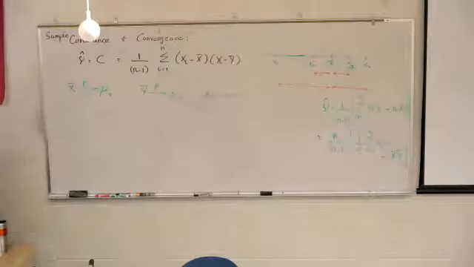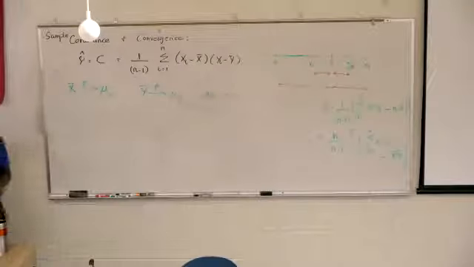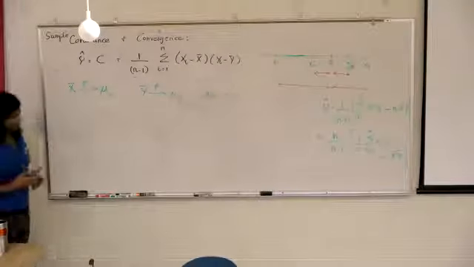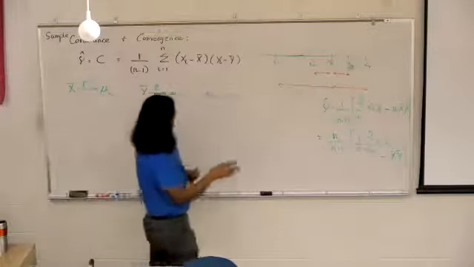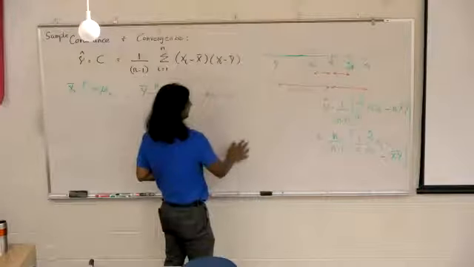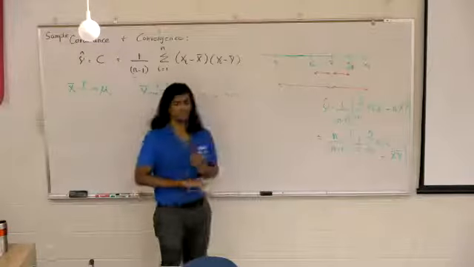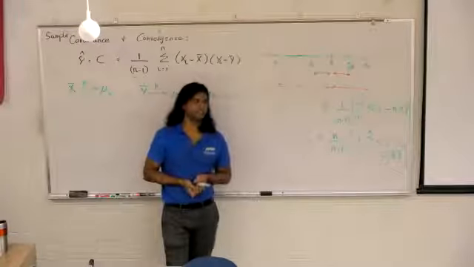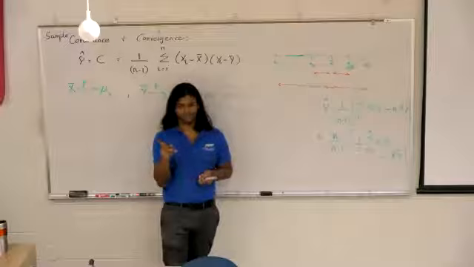Good. Now, earlier when I was explaining the deviations, I said x times y is just another random variable. I can call it w.